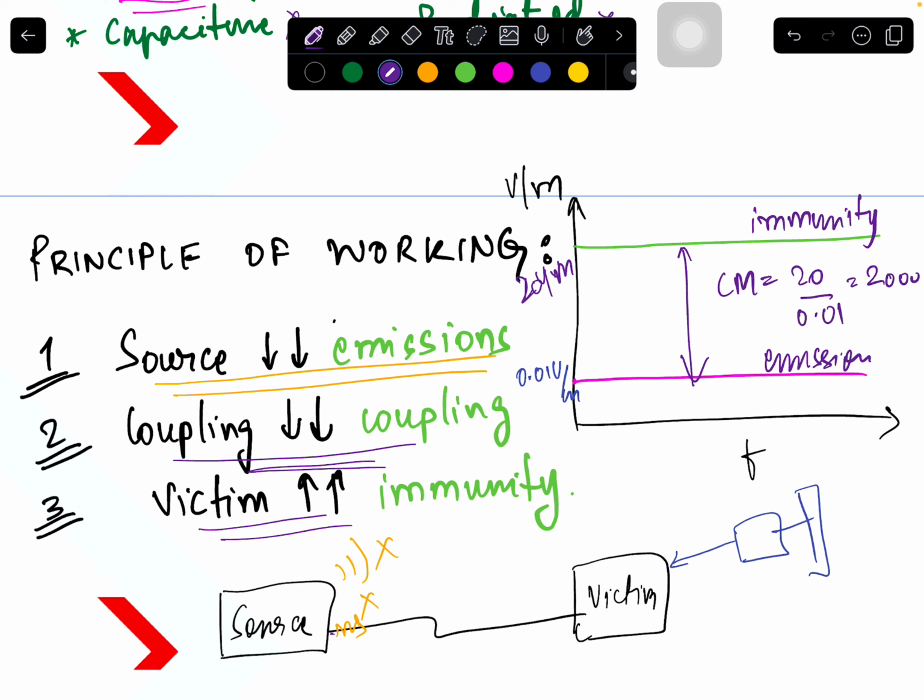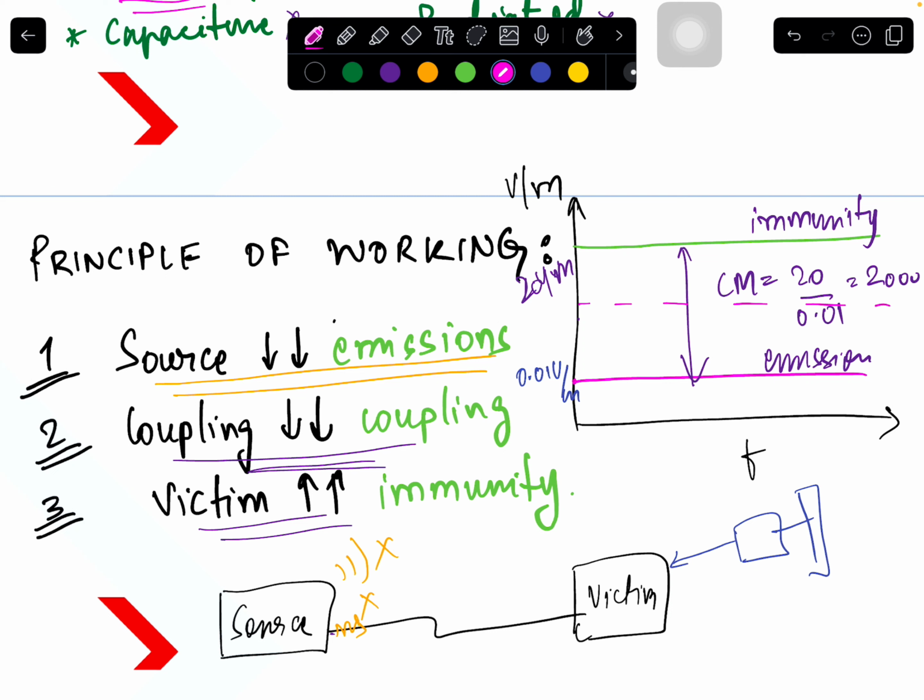So a huge compatibility margin is created so that even if somebody is emitting, let us suppose he tries to emit more, even if he comes from here to here, still the immunity is so strong that it will not impact our equipment. But for that, you need to follow the standards which are written in the EMC management plan, initially written in the design stage.